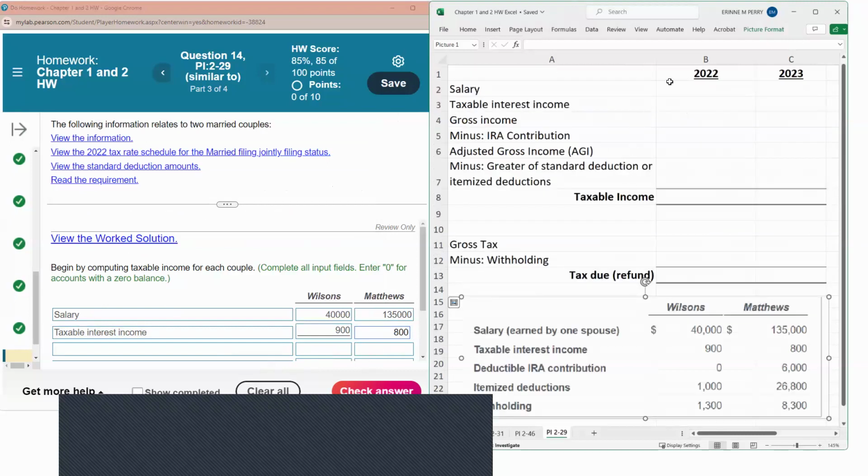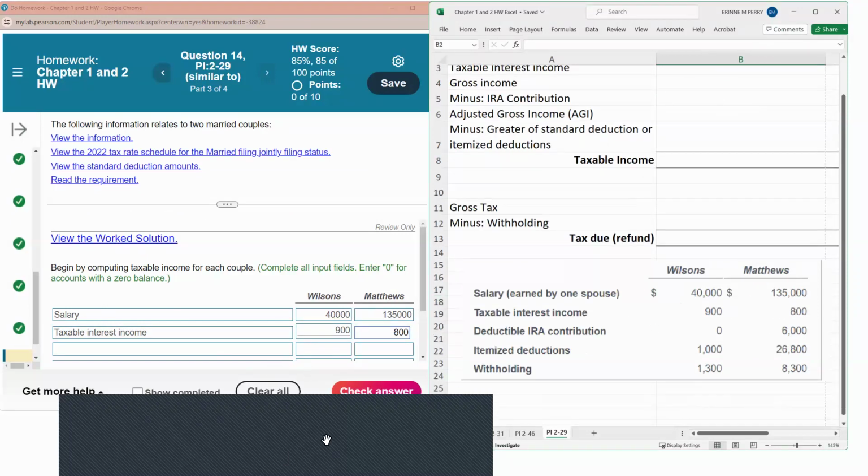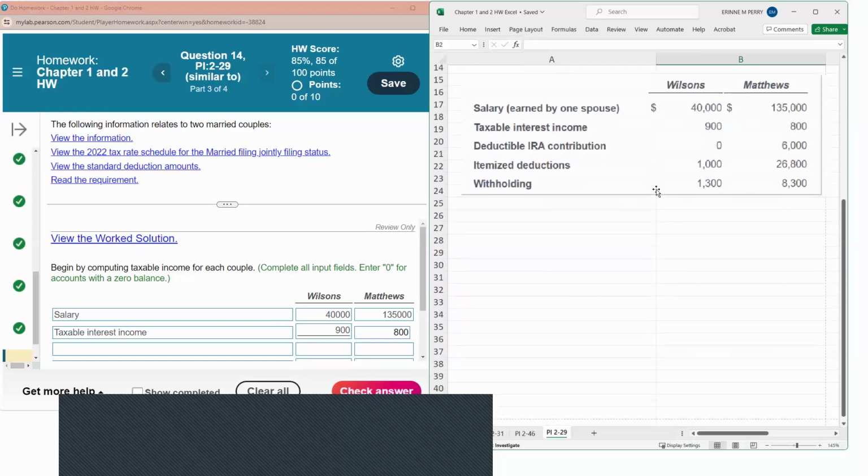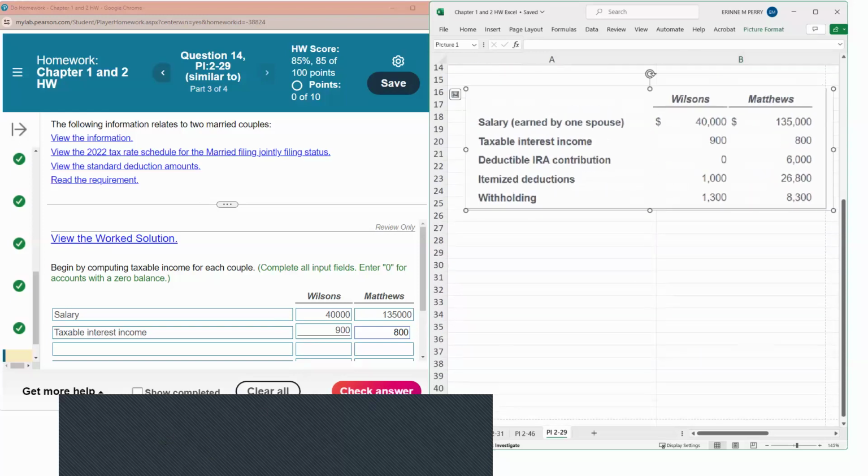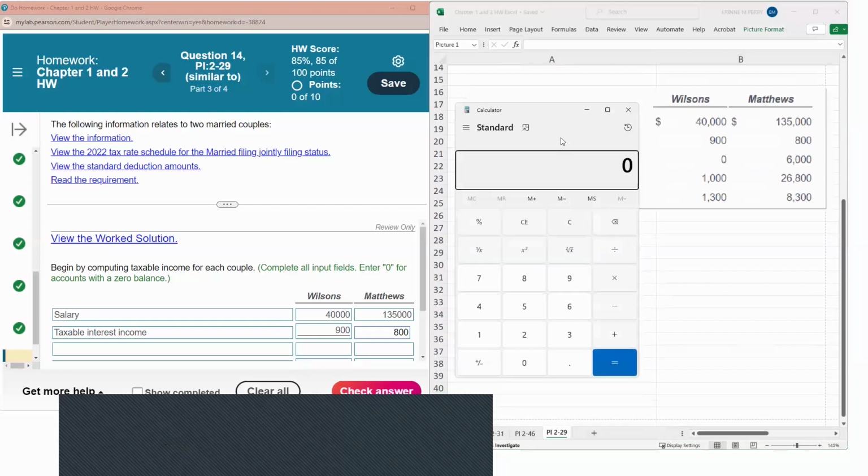So based on this information, we determine the gross income. So we get our calculator. So 40,000 plus 900 for the Wilsons.